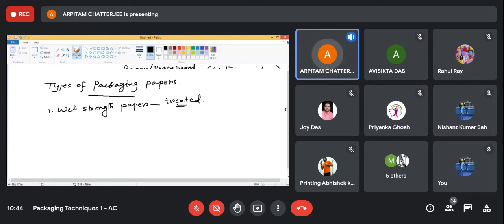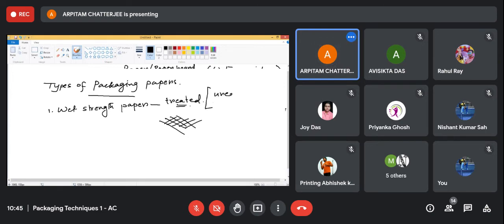To do that, normally some agents like urea formaldehyde and melamine formaldehyde are added, which make a cross link and deposit on the surface of the cellulose. As you know, paper is basically a fibrous structure like this. So in wet strength paper, normally we use two agents.